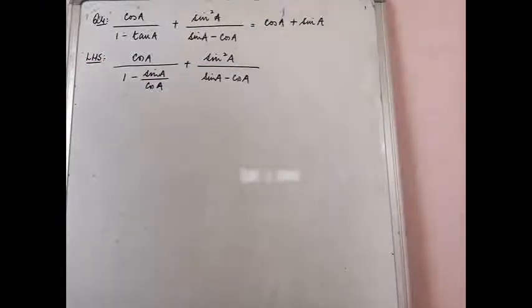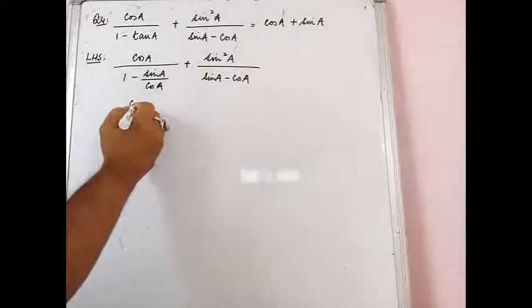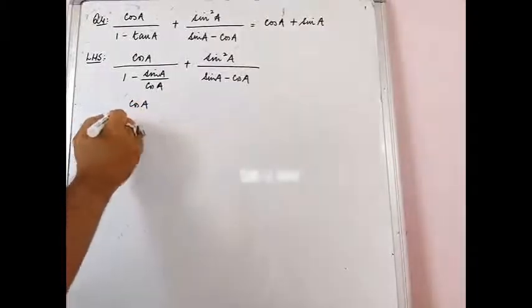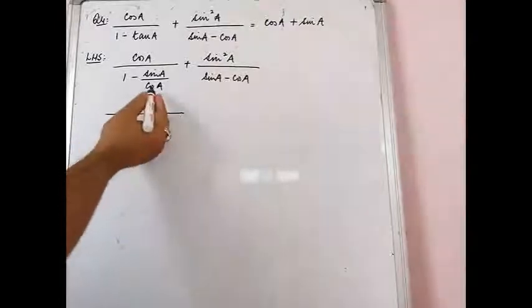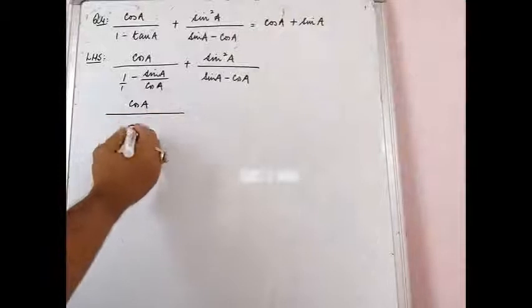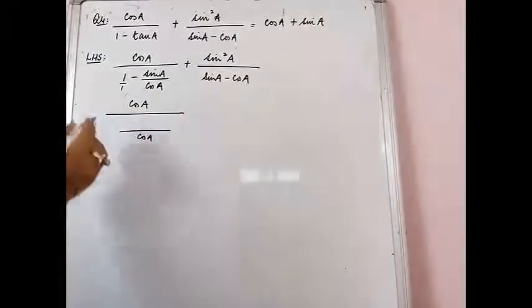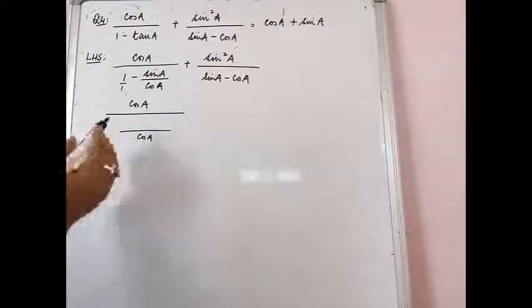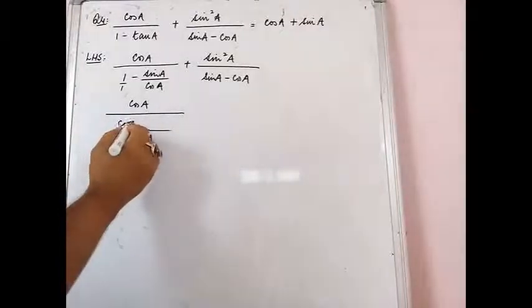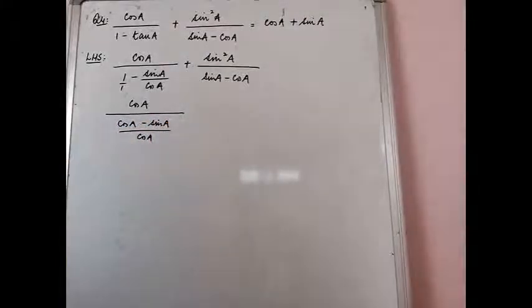sine A upon cos A. Now in the next step you will have cos A upon, now if you see, this can be written as 1 upon 1. So when you take the LCM, you will have cos A in the denominator. So 1 into cos A is cos A, so you will have cos A minus sine A in the denominator.